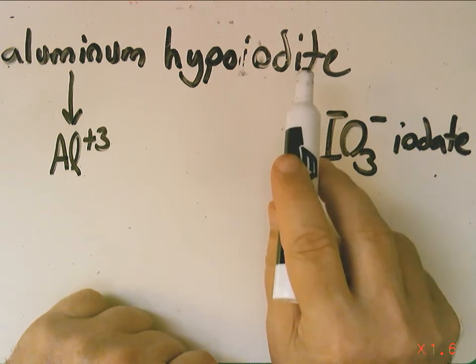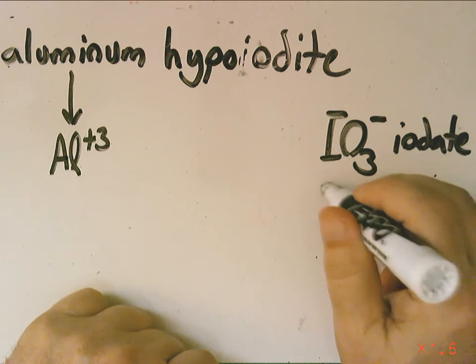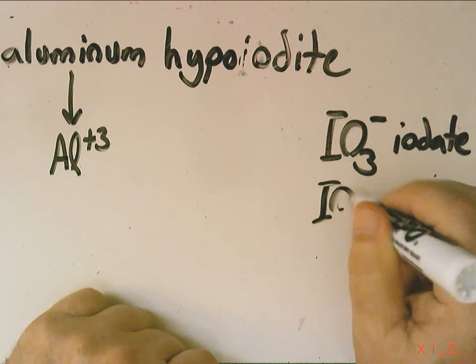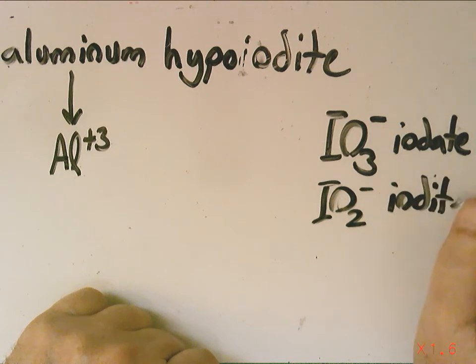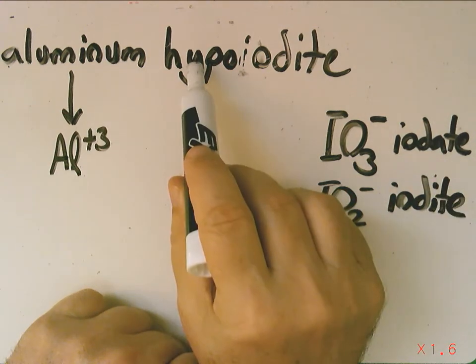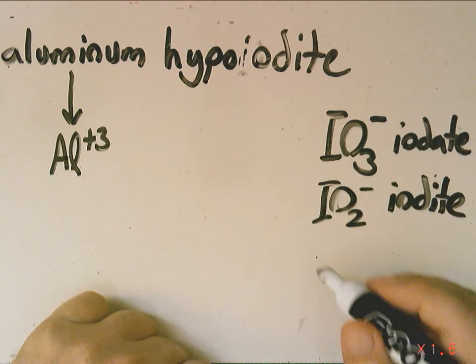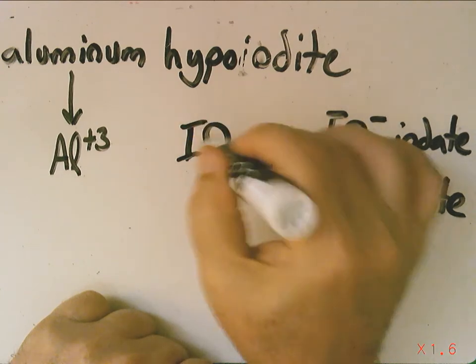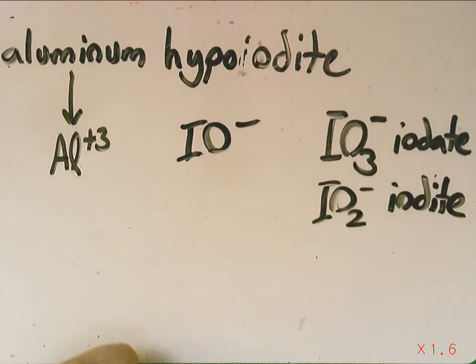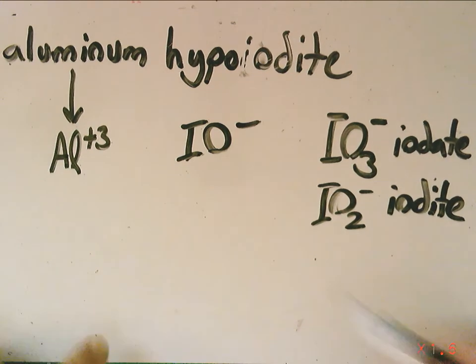Now this has got an "ite" on it, so that means take an oxygen off. That would be iodite. And then it's got a "hypo" in front, and that means take another oxygen off. So this is going to be IO minus. It has one less oxygen than this one does.